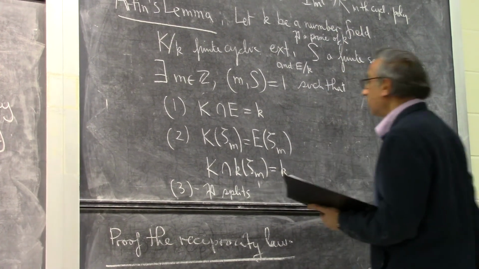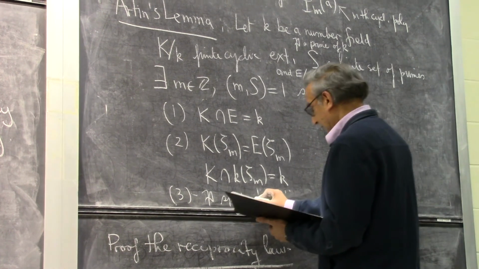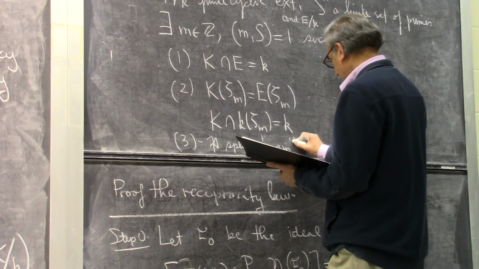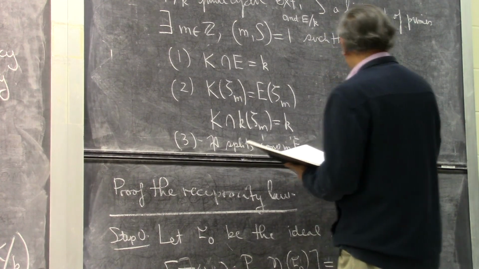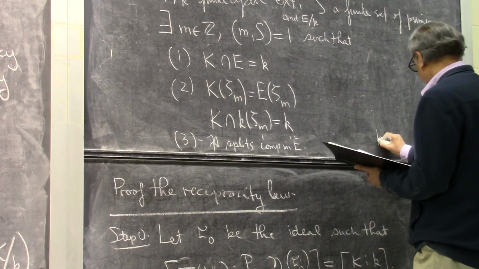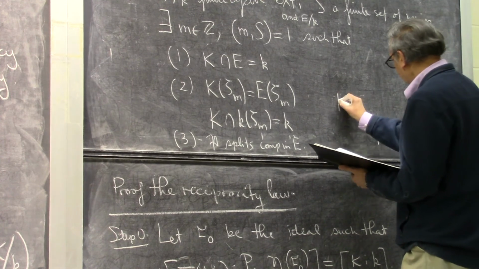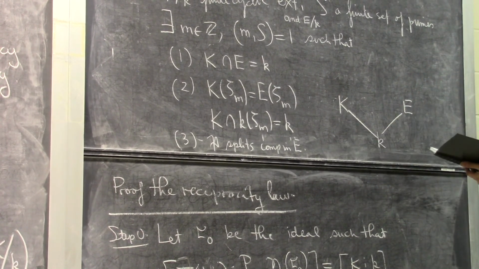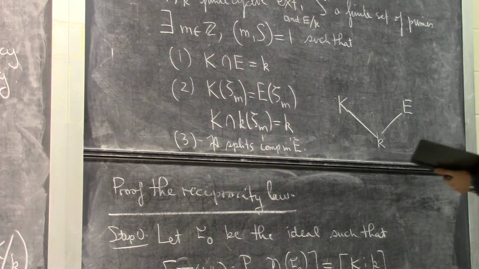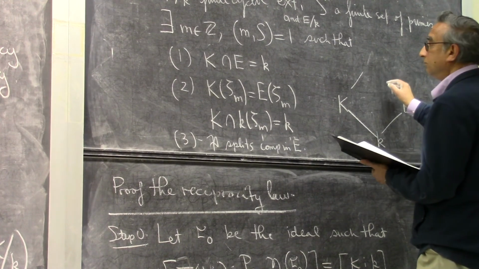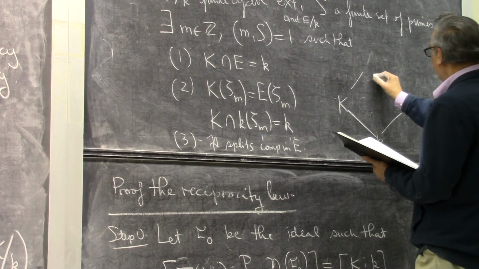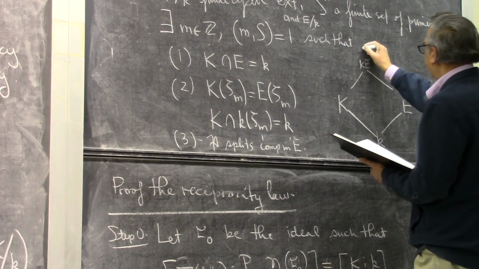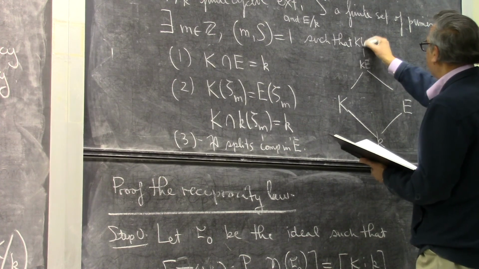Then I can arrange for these things to happen: P splits completely in E. So let me just draw a picture here. You have your field k, you have your capital K, and I'm saying this field E exists such that basically this is KE and it's K zeta_m.